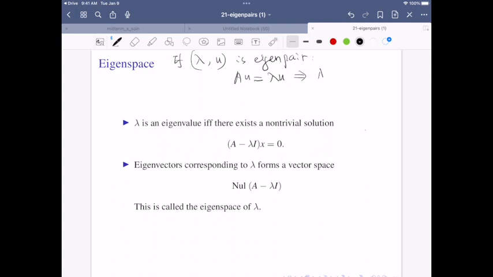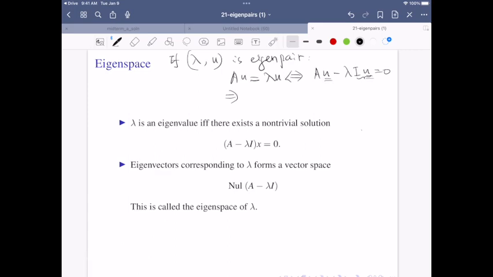Or you can write Au minus lambda I u equals 0, because I times u is always u. And then we can take out u as the common factor, so we get (A minus lambda I)u equals 0. We know that an eigenvector is a non-zero vector, so that means (A minus lambda I)x equals 0 has a non-trivial solution.